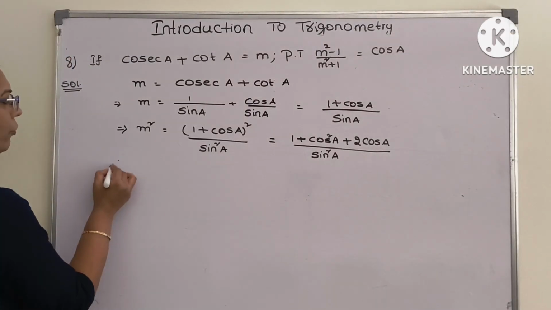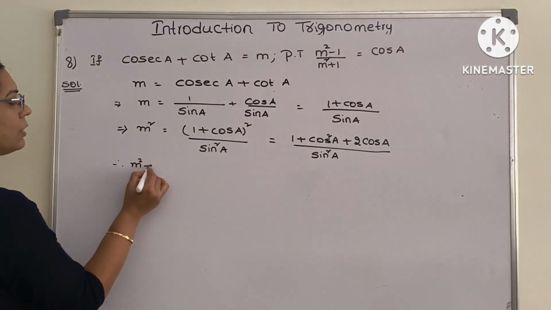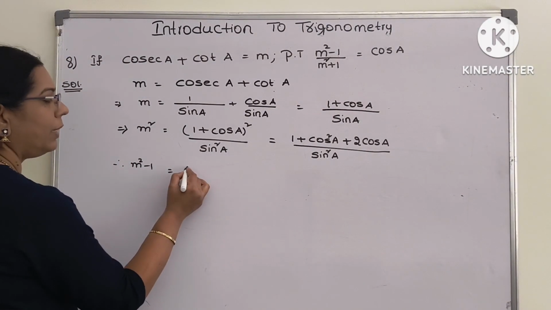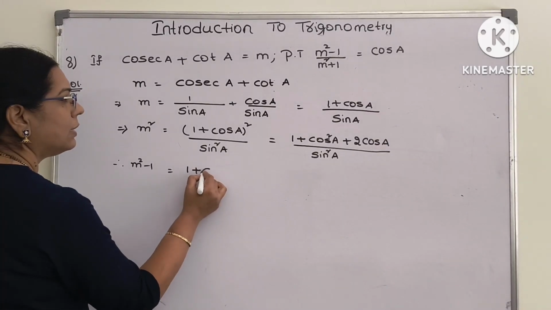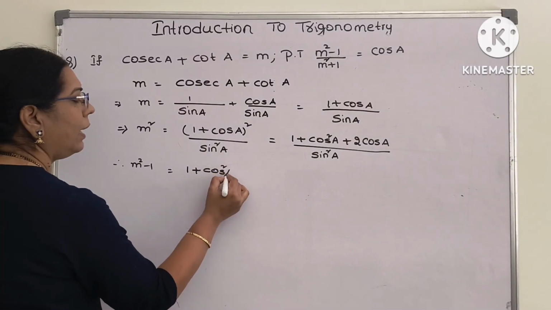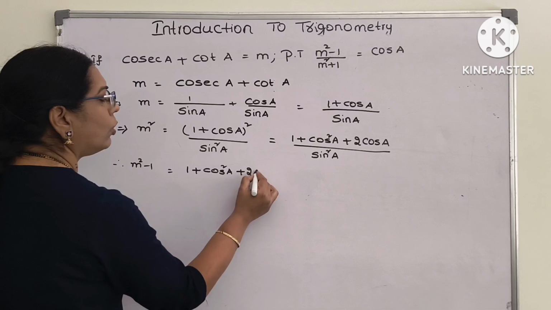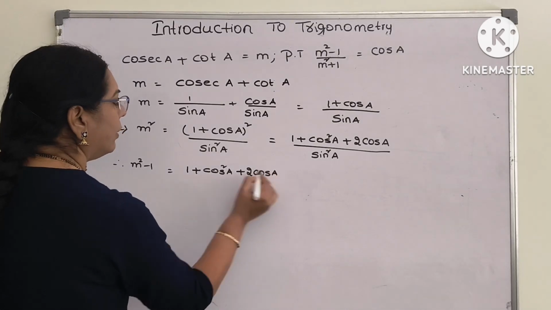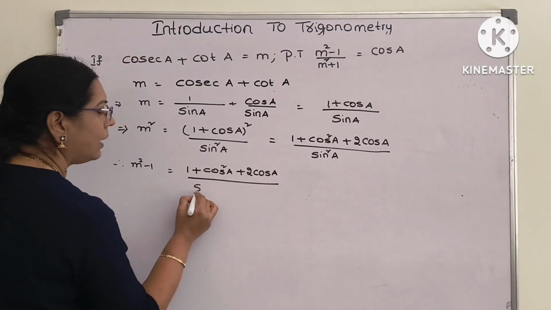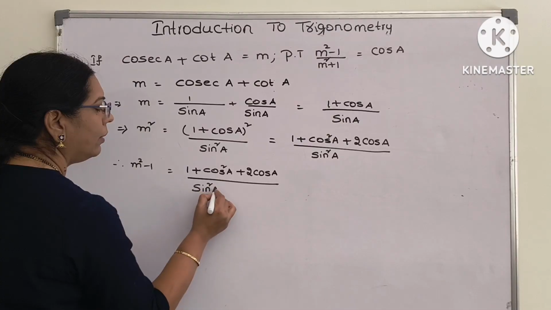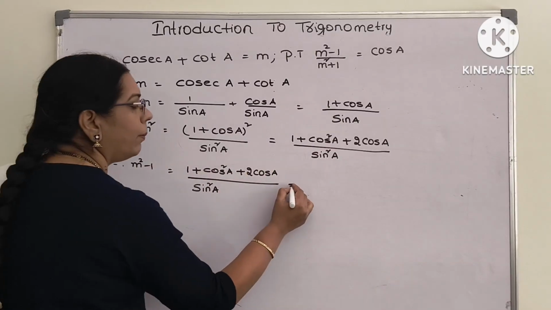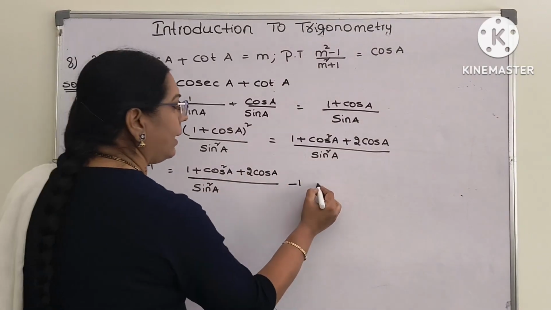Now, find m square minus 1 value. M square minus 1 will be 1 plus cos square A plus 2 cos A by sin square A, minus 1. So take the LCM.